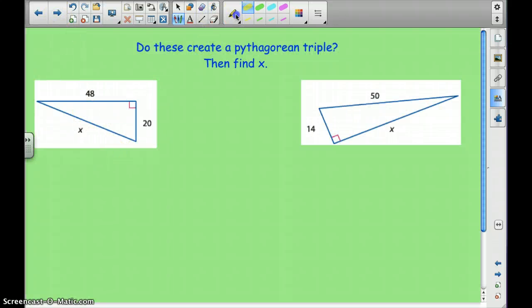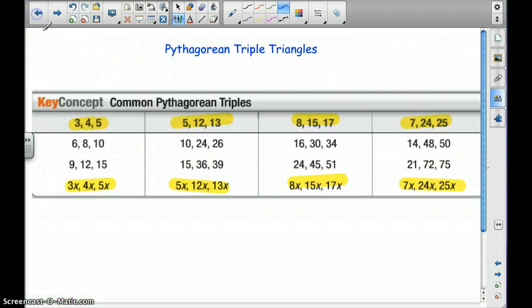So here are some examples that I want to try. 48 and 20, can we find x using the Pythagorean triple? Are 48 and 20 multiples of anything on the previous slide?